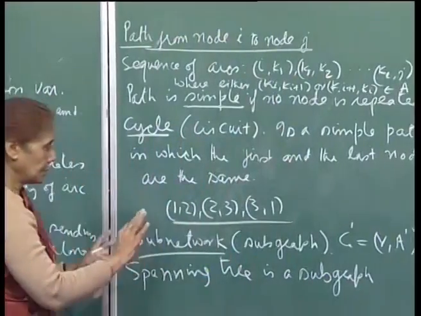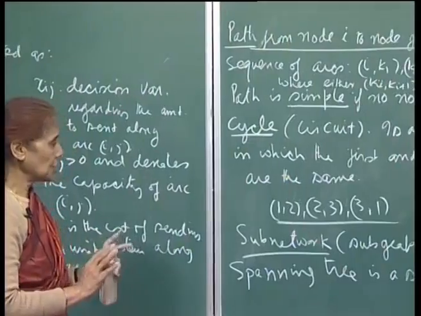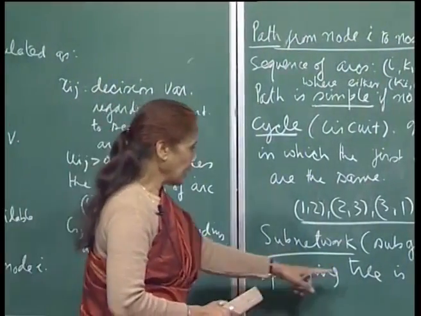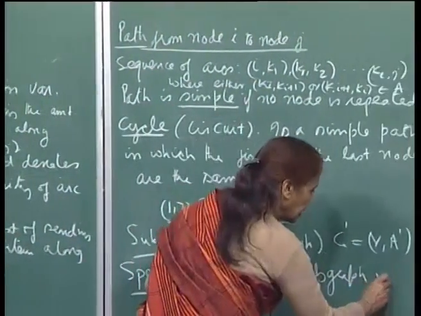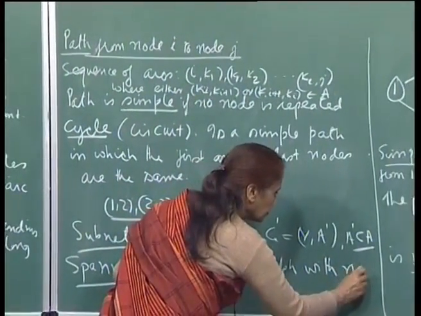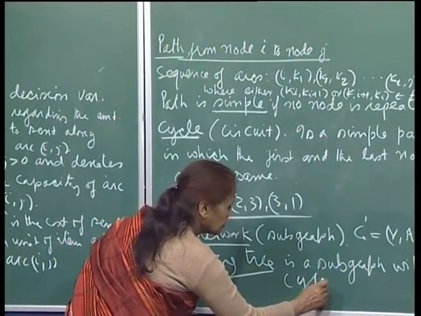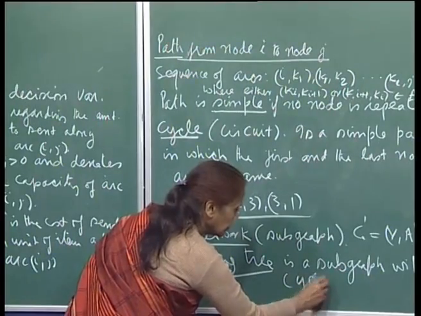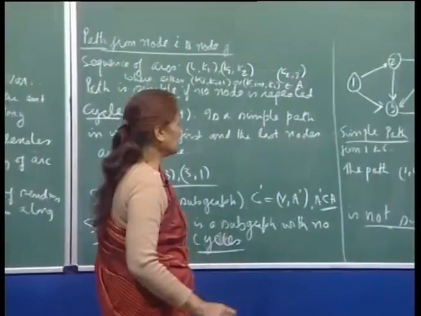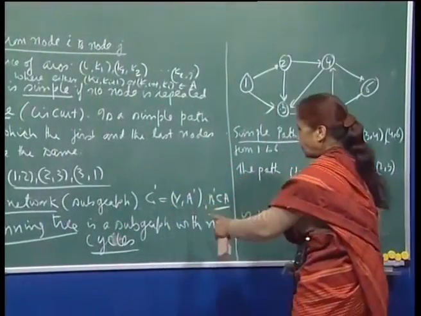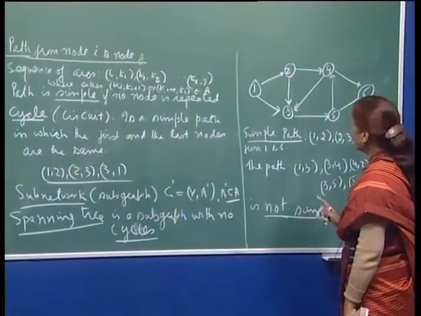Everything is being defined with respect to the original graph G, which is V, A. So a spanning tree is a subgraph with no cycles. Okay, with no cycles. So, for example, remember a subgraph has the same node set. So we want a subgraph, but with no cycles.